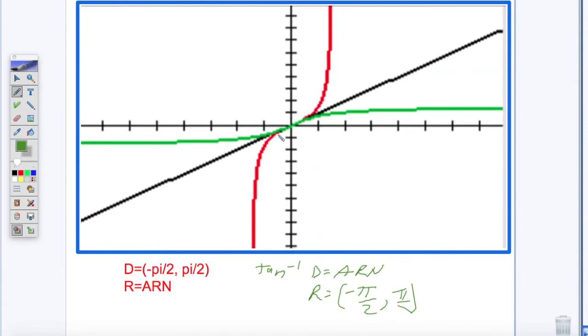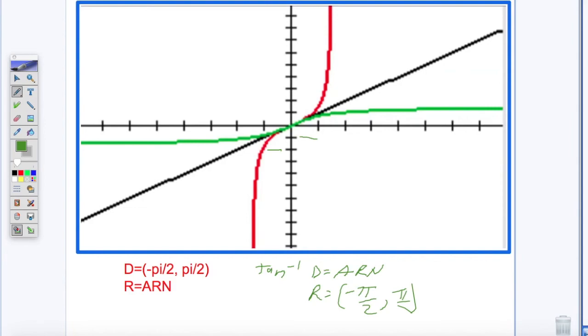And because this is the first quadrant and the fourth quadrant, the outputs of the inverse tangent and the inverse sine are in the first and fourth quadrants, and the output of inverse cosine is in the first and second quadrants.